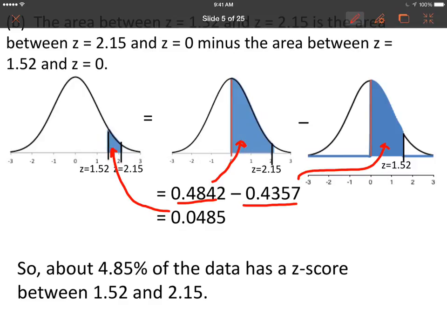All right. So again, this table, of course, you can find it on the internet, but it's also available on Moodle. So make sure you print off the table and use it as you're going through the notes and your homework. All right, so about 4.85% of the data has a z-score between 1.52 and 2.15.